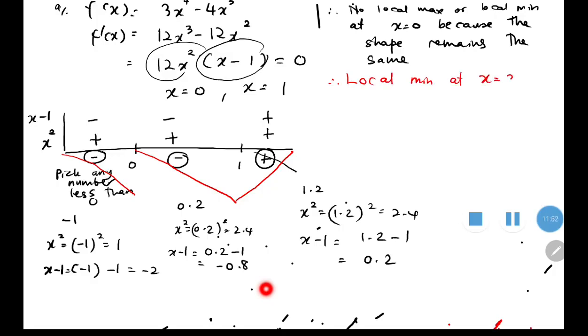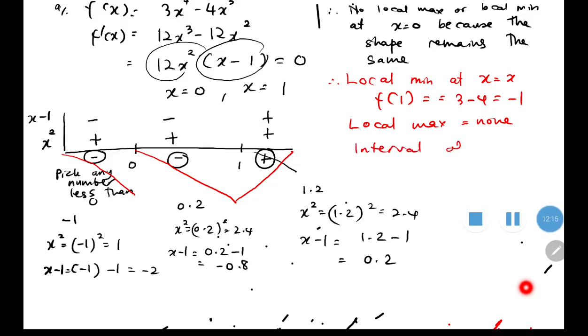Okay, so now there is a local minimum at x equal to 1, and then we want to find the value when x is equal to 1. It is minus 1. Okay, and then there is no local maximum. So the interval of increasing is from 1 to infinity.